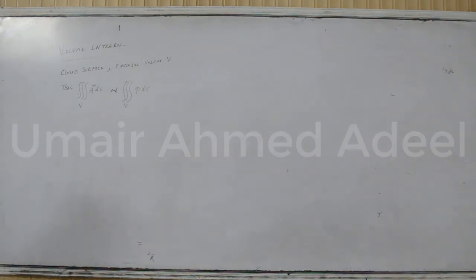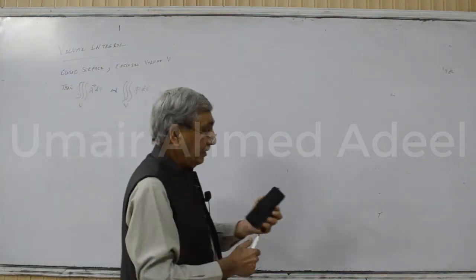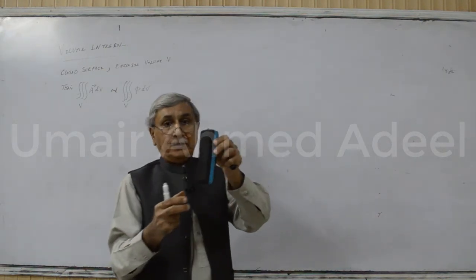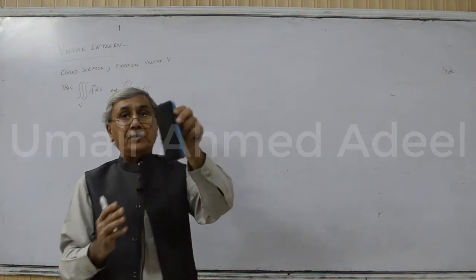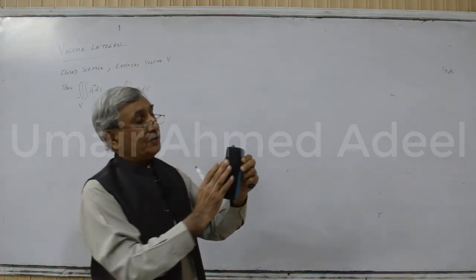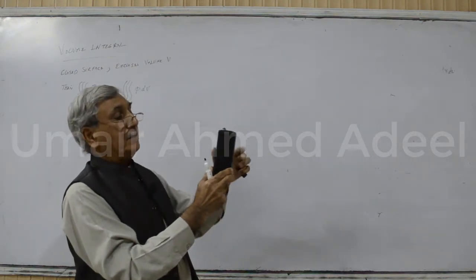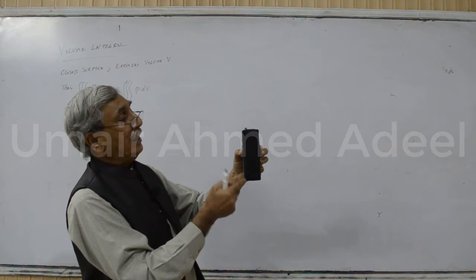One thing more, there is an open surface and there can be a closed surface. Now if somebody asks you what are the surfaces enclosing this volume, there are six surfaces: one here, one at the back, one in the opposite direction, one down, one up.